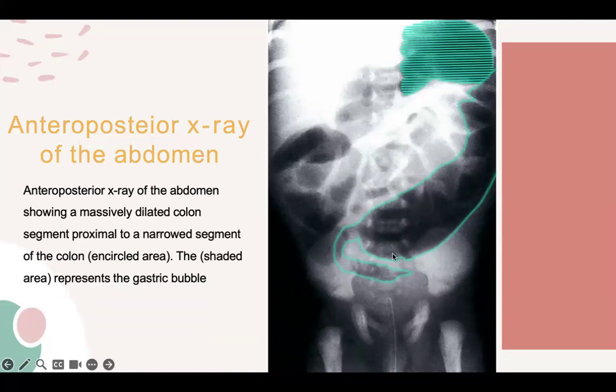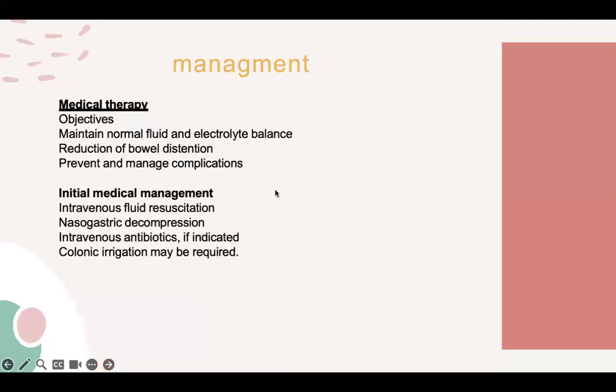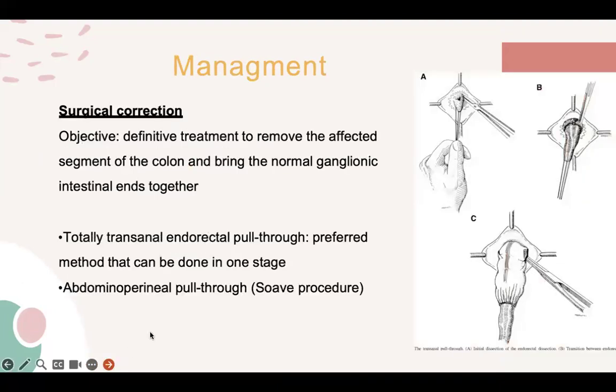So this is seen in Hirschsprung disease. Okay. So what is the next step? We have to stabilize the child, and then do definitive investigation by full thickness rectal biopsy, and surgery.